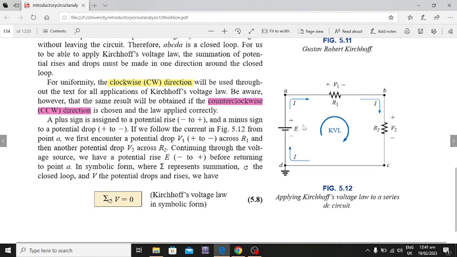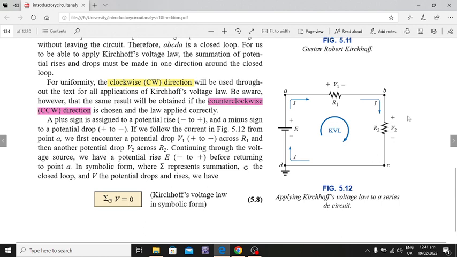Here potential rises, potential comes. So this potential rises along this straight path. Across this resistor potential drops, and some potential also goes straight forward to the next resistor.